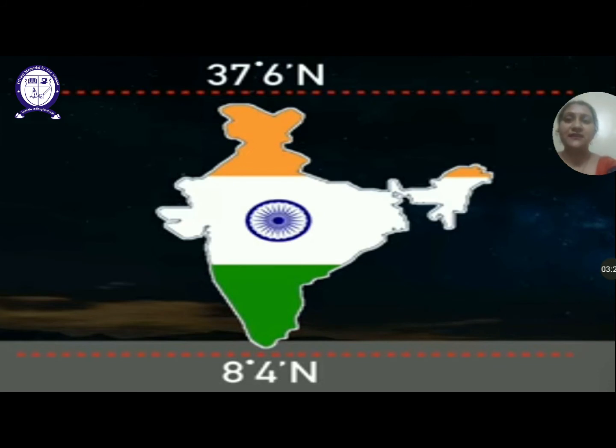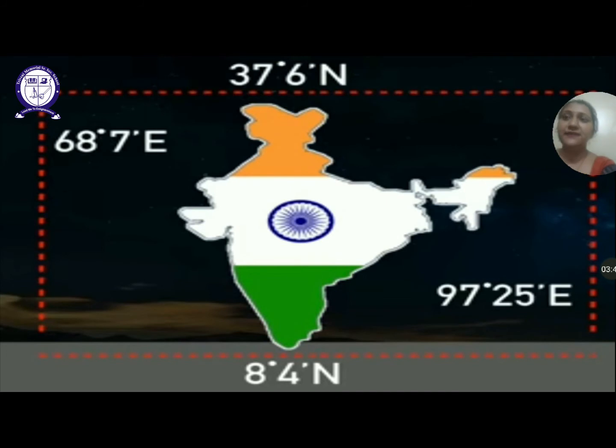Now why are we taking north? Because India comes completely in the northern hemisphere, so its latitudes come in the north. So 8 degree 4 minute north and 37 degree 6 minute north is the latitude of our country, and 68 degree 7 minute east and 97 degree 25 minute east is the longitude of our country.